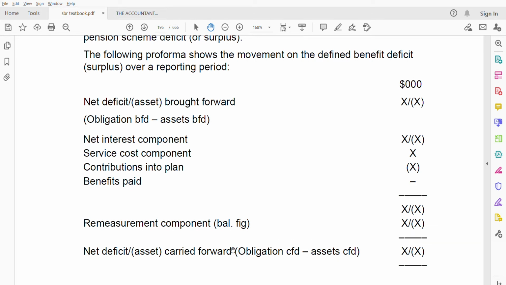If the obligation amount is greater, definitely this will be a positive figure, right? That's why a net obligation deficit is positive and an asset is a negative figure. After you get this part and the closing is balanced, whatever is there is the remeasurement component, a balancing figure. You will get a positive figure if it is a deficit and a negative figure if it's an asset.